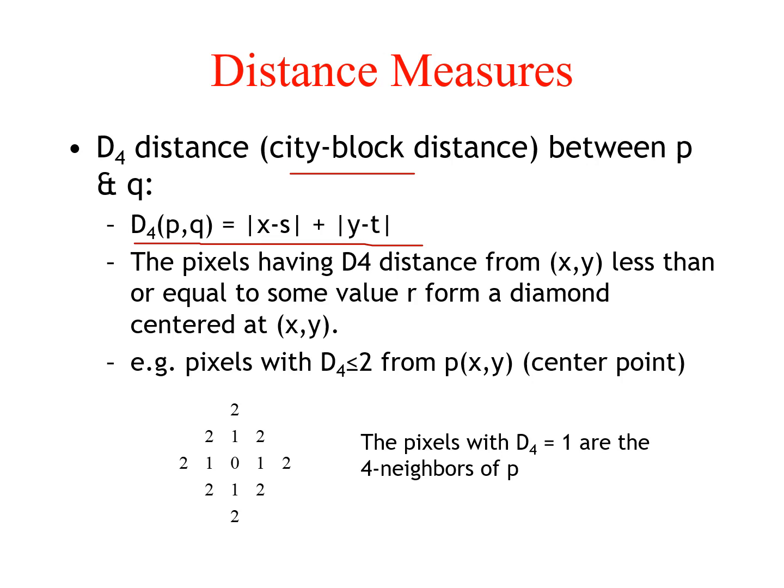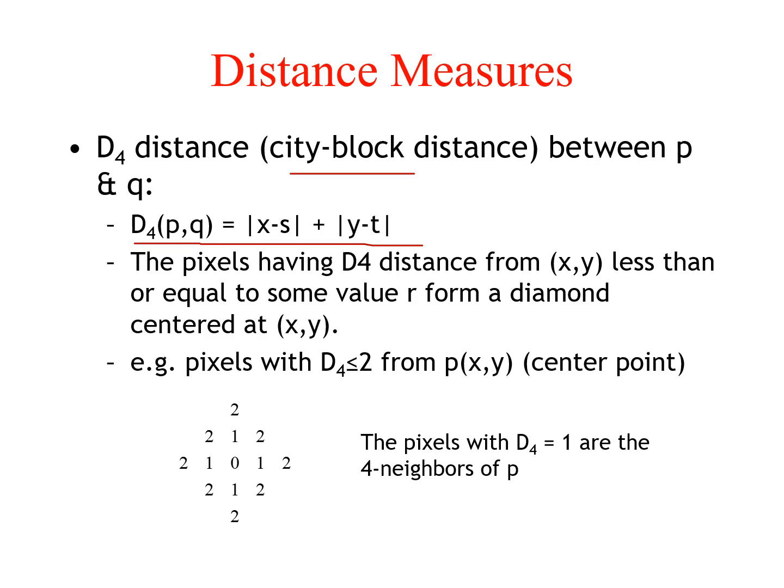With the Euclidean distance you get a circle, but with the D4 or city block distance you get a diamond. See here, the distance is unit distance, 0 to 1, horizontal and vertical are the same, and we get a diamond.